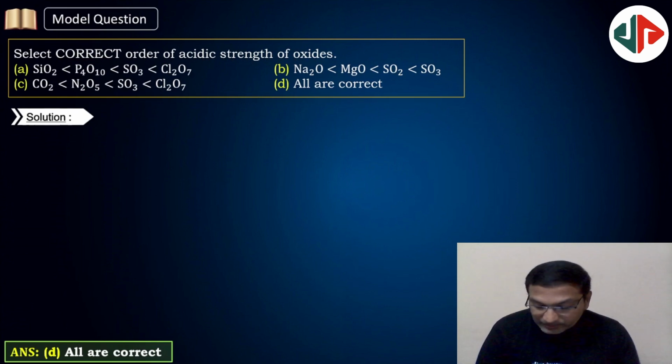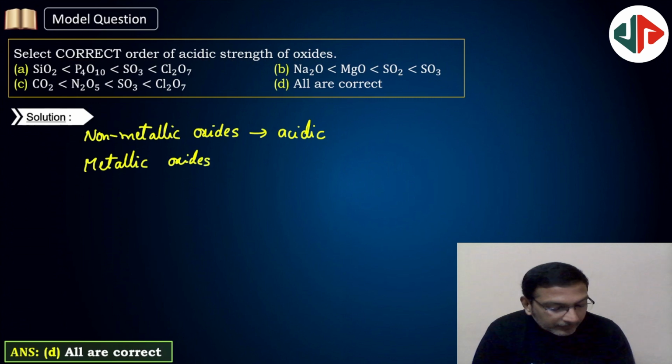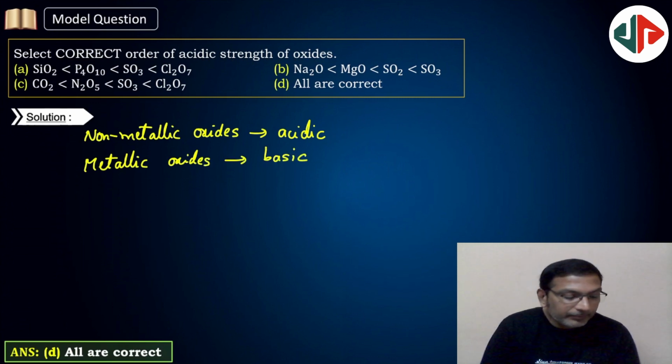Next. So here we know non-metallic oxides are acidic in nature, metallic oxides are basic.